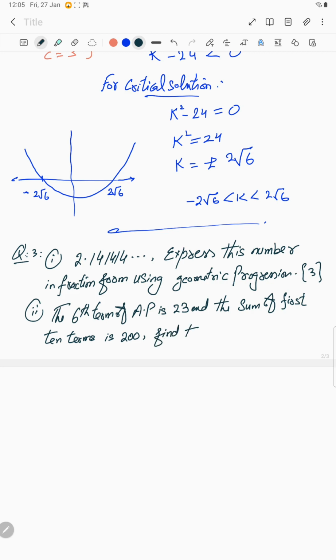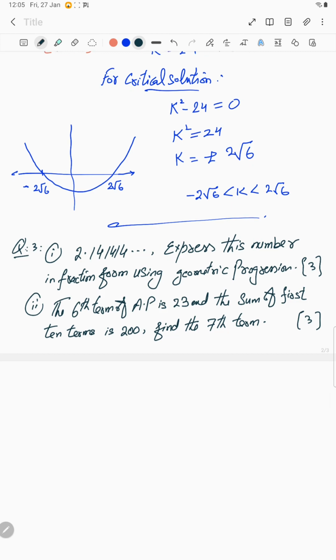Then find the 7th term. This was again a 3 marks question. Okay.